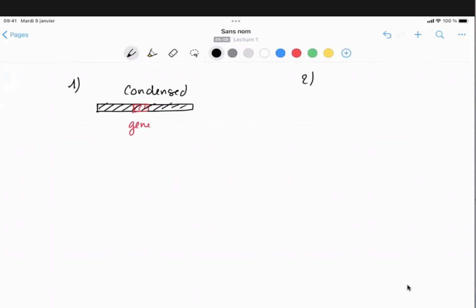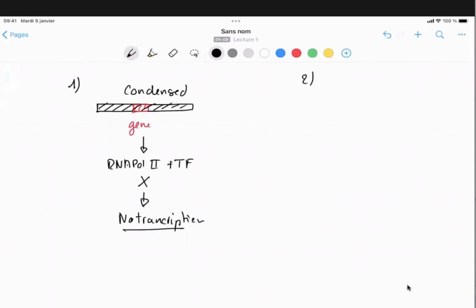You tell me if you don't agree. The consequence is that the RNA pol 2 plus the transcription factor cannot activate the gene, because they cannot access, so no transcription. Is it okay, this?